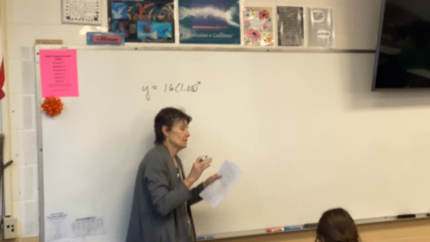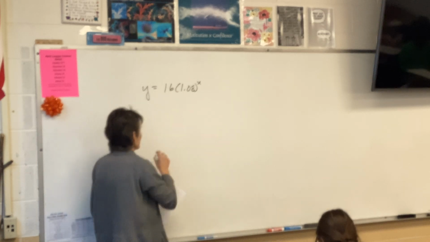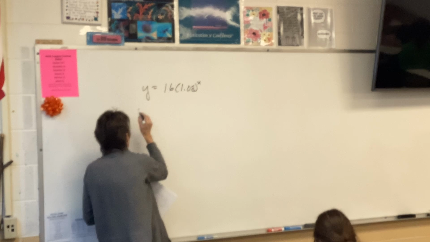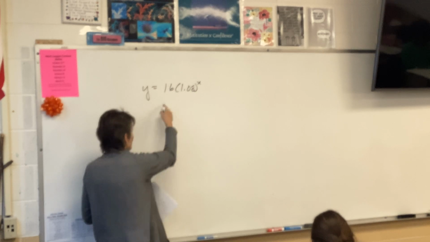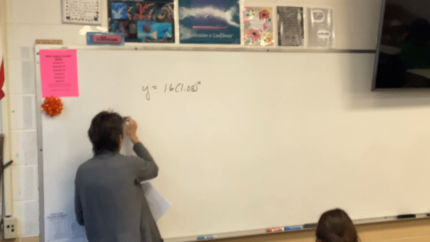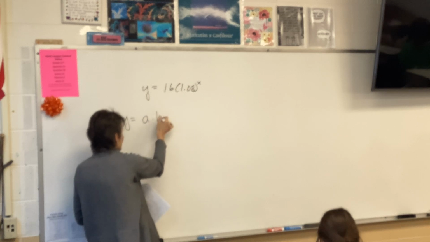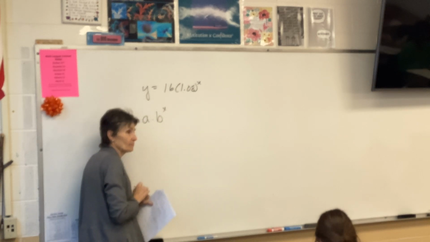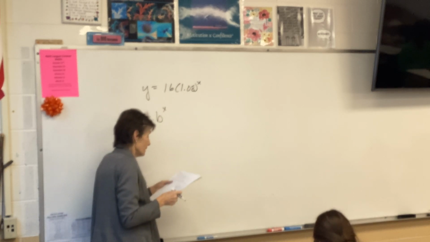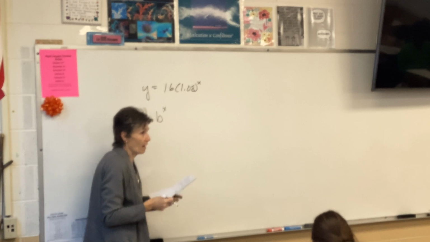Okay. Next one. Write the equation of the exponential function. What does an exponential function look like? Just like that. y equals a times b to the x. What do we do now?